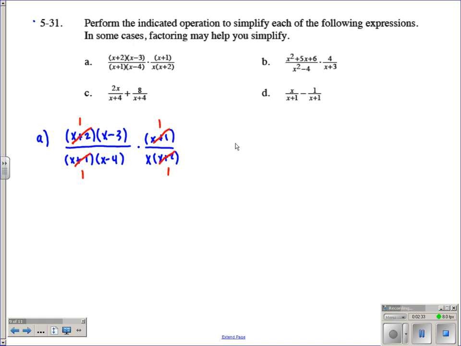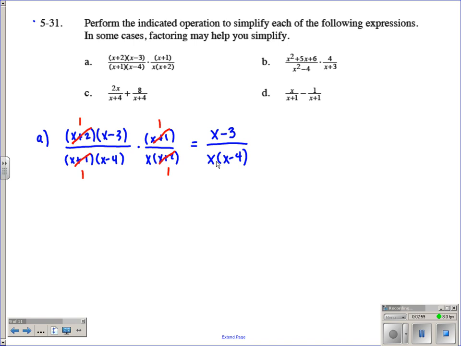So let's write our next step. 1 times the quantity of x minus 3 times 1 will leave us with x minus 3. And on the bottom, 1 times the quantity of x minus 4 times x times 1 should leave us with x times the quantity of x minus 4.